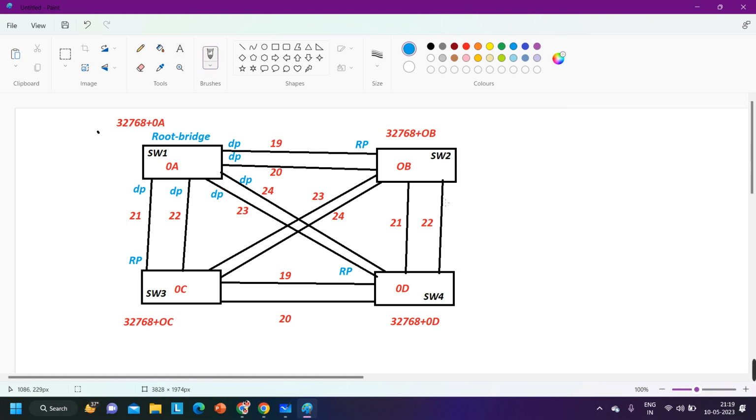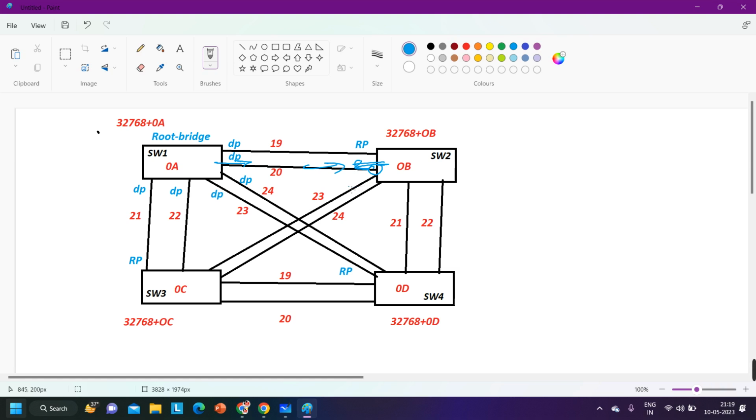First one is, let's say I am checking on this link. Here I am sending BPDU, and this switch is also sending BPDU.